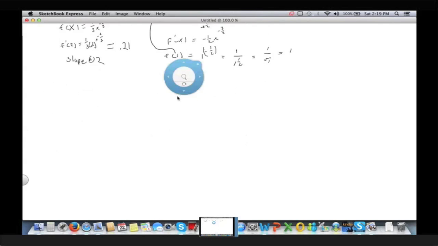All right, now let's write f of x equals pi to the 3rd power. F of x equals pi to the 3rd power. And let's figure out f prime of x. Constant raised to a variable.